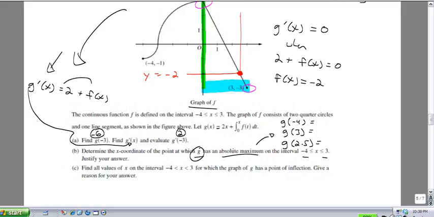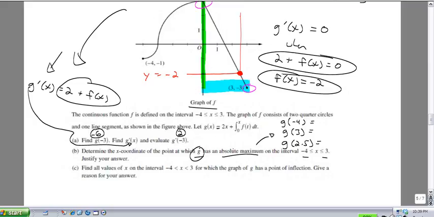G has a pretty cool derivative. It's just 2 plus f of x. So g prime is 2 plus f of x. To look at where g prime is 0, you look at where 2 plus f of x is 0, which is when f of x is negative 2.